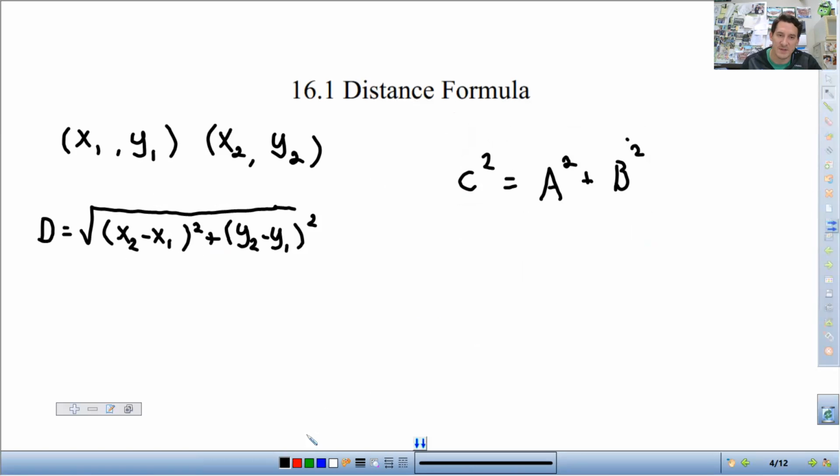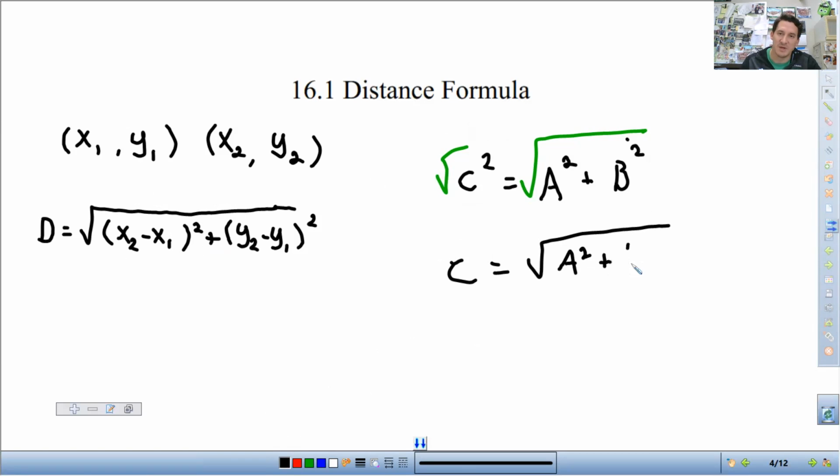If you square root both sides, you get c is equal to the square root of a squared plus b squared. So you can kind of start to see how these are starting to look the same.